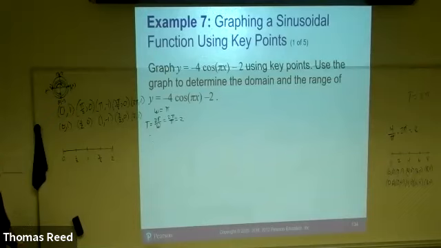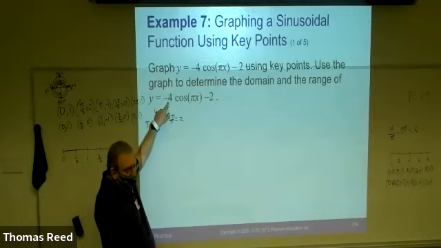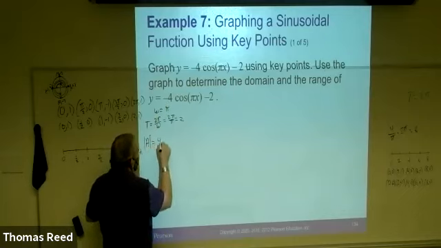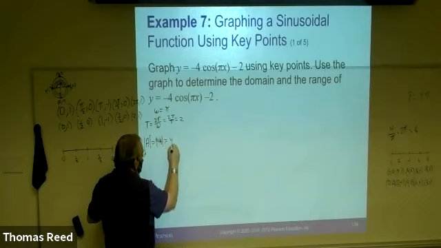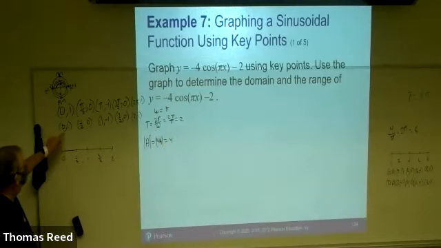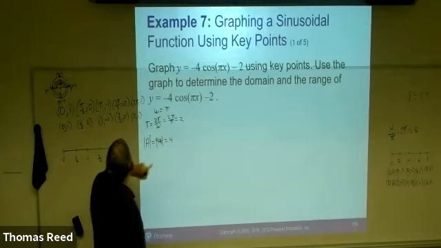Now everything else happens to the y values. I'm going to multiply each y value by -4 because that's what A is. The amplitude is 4 because we take the absolute value of -4. But what that does is I'm multiplying each of the y values by -4.